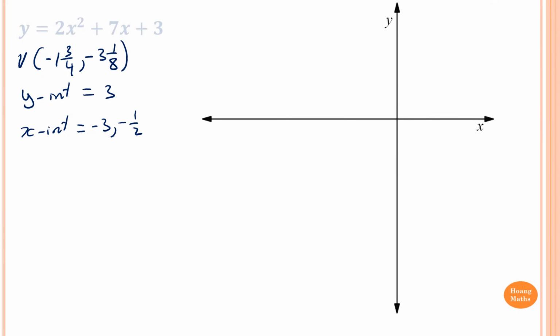Now we can just plot these important features on the graph. So the vertex is negative 1 3/4, negative 3 1/8. So negative 1 3/4 roughly here, and down negative 3 1/8 is here somewhere. Now the y-intercept is 3 up there somewhere, and the x-intercepts are minus 3 and negative a half. So I just do a rough sketch now.